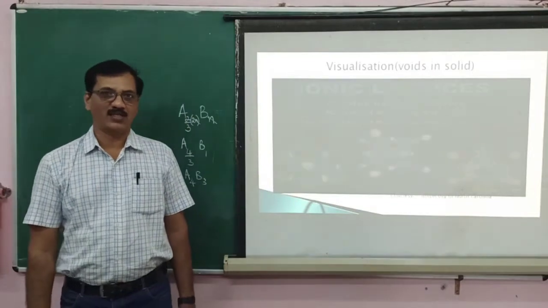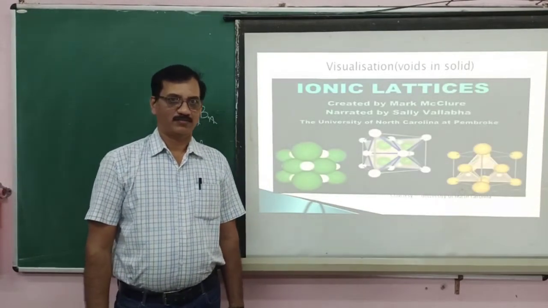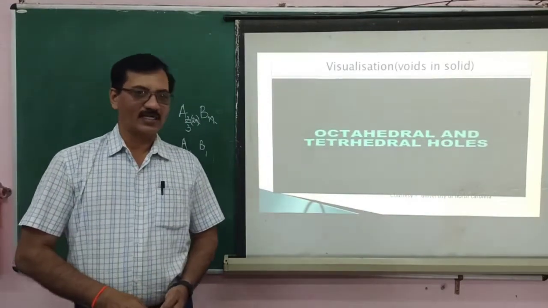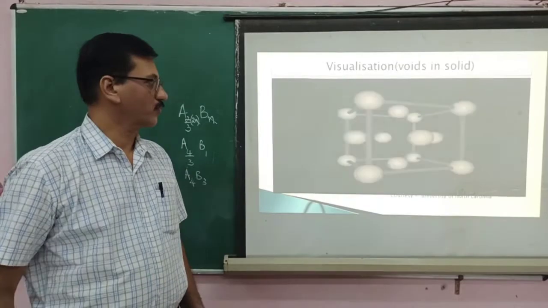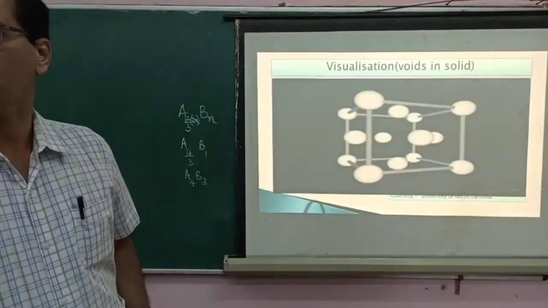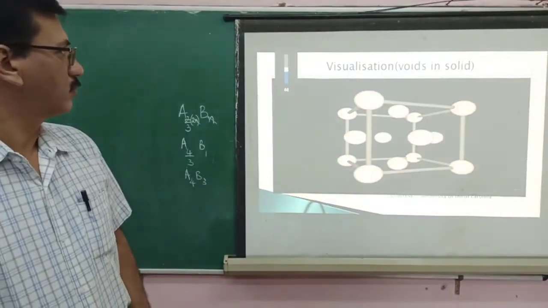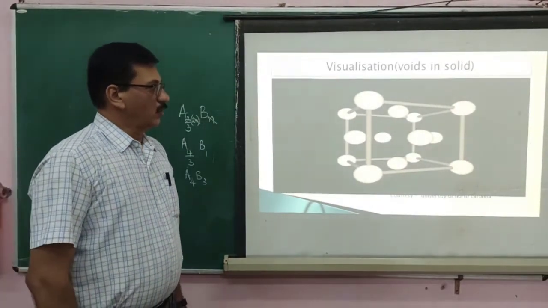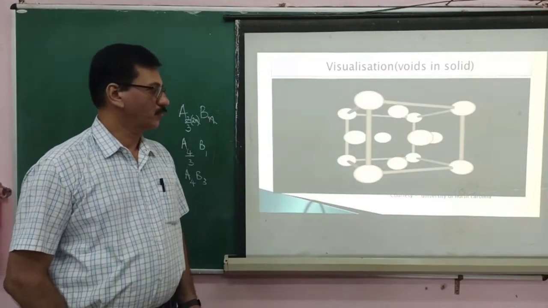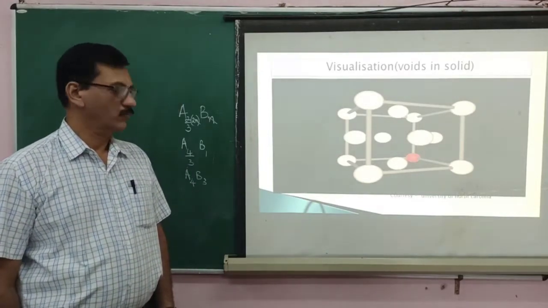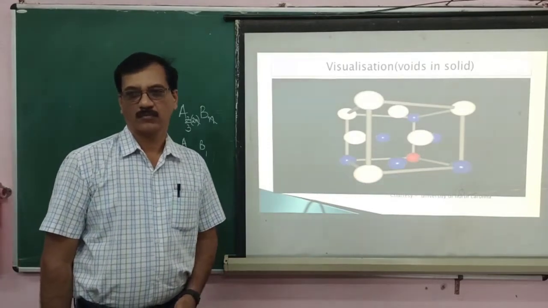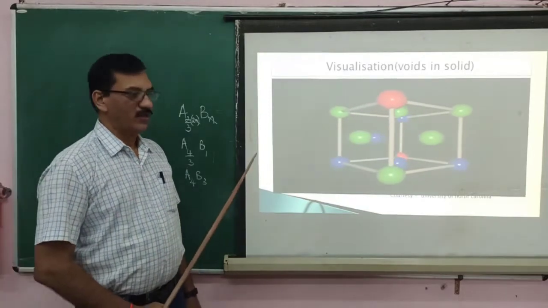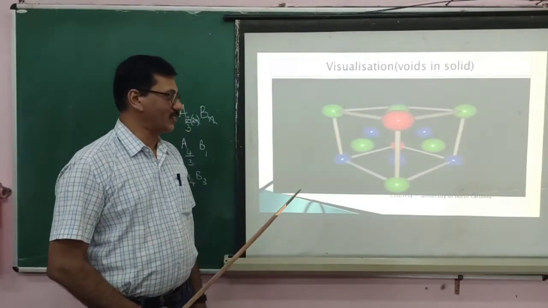Let us visualize voids in solids. There are octahedral and tetrahedral voids. The face-centered cubic lattice contains 8 atoms at the 8 corners of a cube. See, it is an arrangement to be looked at from different angles.